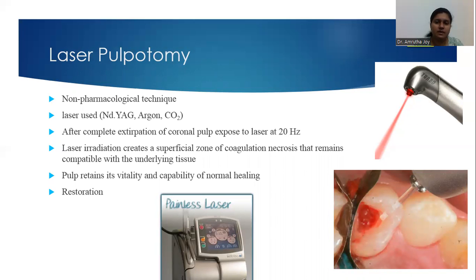The initial procedure is the same: we have to anesthetize and isolate the tooth, and then remove the caries and deroof the pulp chamber, remove the coronal portion of the pulp using the spoon excavator, and then apply the laser, and after that, restoration.